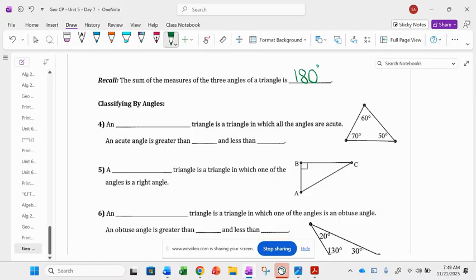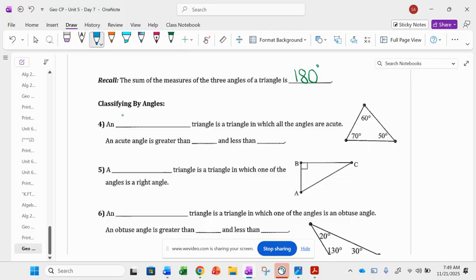We're going to say two of the segments. Two of the sides are congruent. So scalene is no sides congruent. Isosceles is two sides congruent. What is equilateral? Sebastian? All the sides are congruent. So that's how we classify based on sides. Now we're going to talk about classifying based on angles.